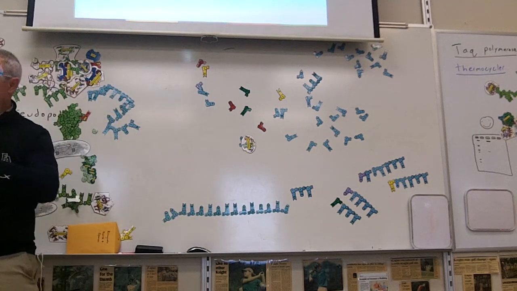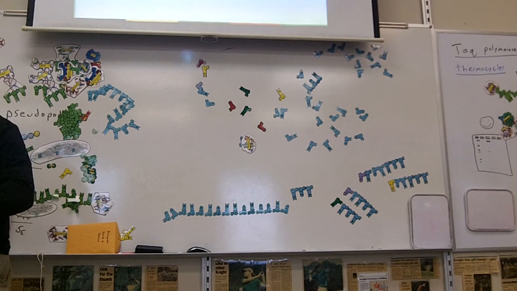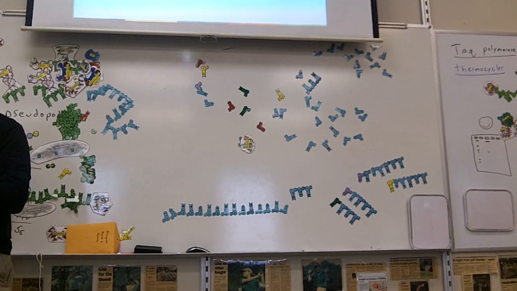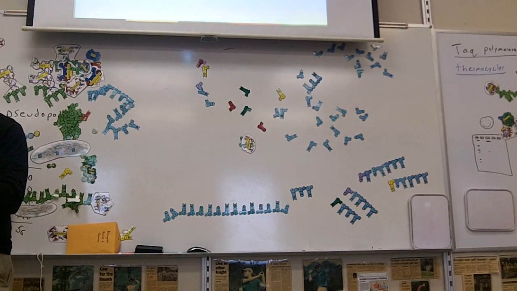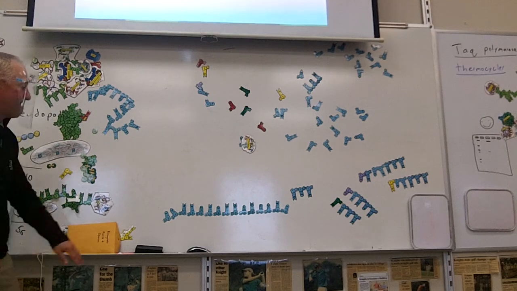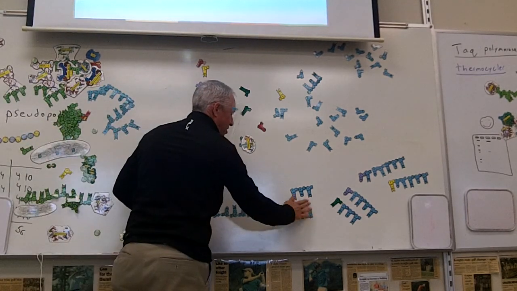This is actually done in a container that has thousands of little wells in it. And I actually think all the DNA is in each one, but you have only the primers for the section you're interested in. That's how it works. I've never actually done this in the lab.